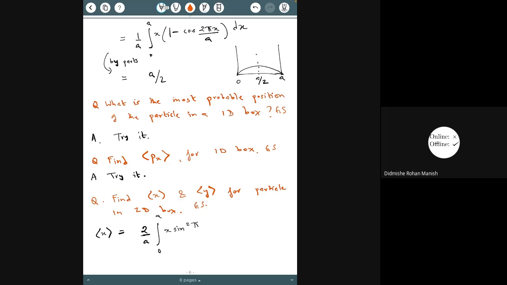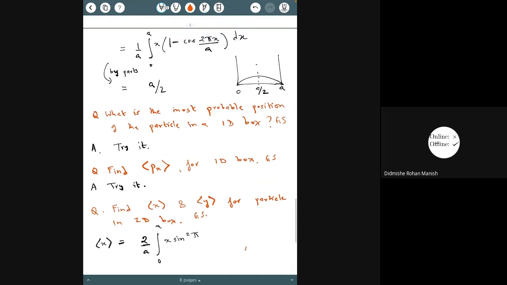But if it's a 2D or 3D box, then you have to look at the sum of nx squared plus ny squared, or nx squared plus ny squared plus nz squared. And then you have to arrange it in order of energy, right? So then you have to be a bit more careful about which quantum numbers correspond to your first excited, and which one corresponds to your second excited. There's a chance to miss things in the middle.